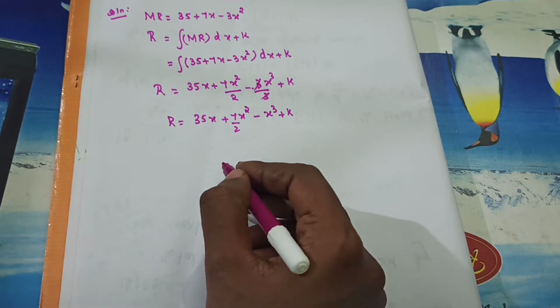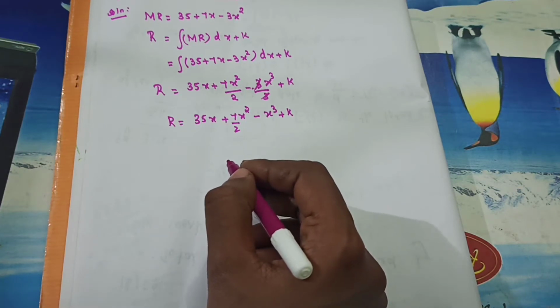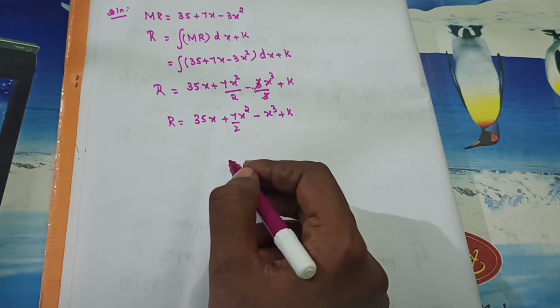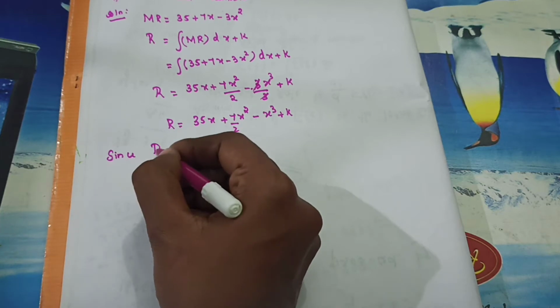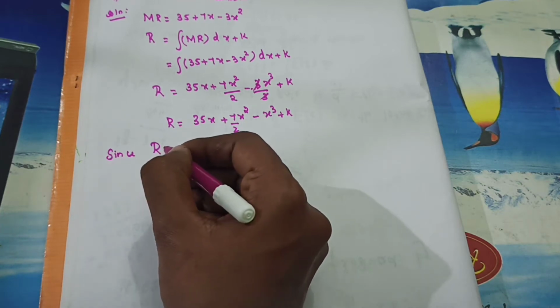Listen to the question: for the marginal revenue function MR, find the revenue function and demand function. So we need to find the value of K, since for the revenue function R is equal to 0.